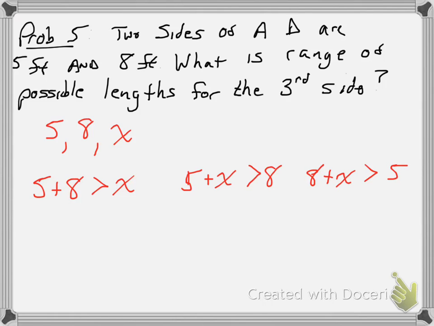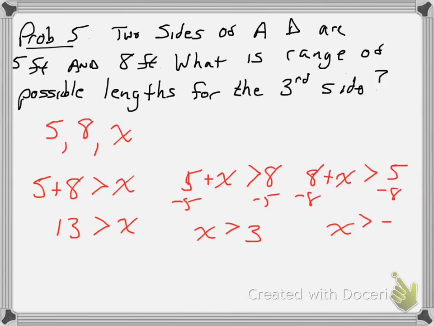And now you solve. 5 plus 8 is 13. 13 has to be bigger than x. Okay, subtract 5. I get x has to be greater than 3. And subtract 8, I get x has to be bigger than negative 3.